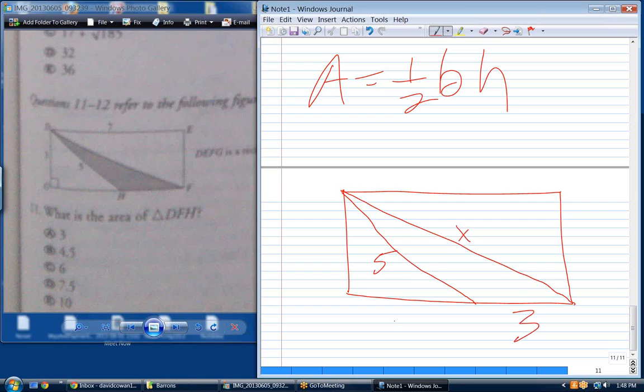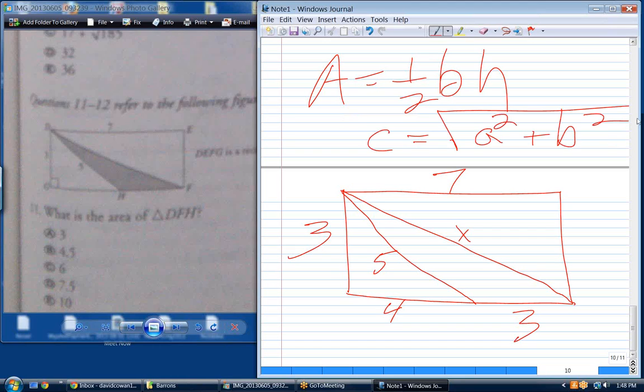So we need that side there to find the perimeter. And we know this side is 4. So what is x? You're solving for the hypotenuse of a triangle. We'll call that C. So can you say 7? We're solving for C.